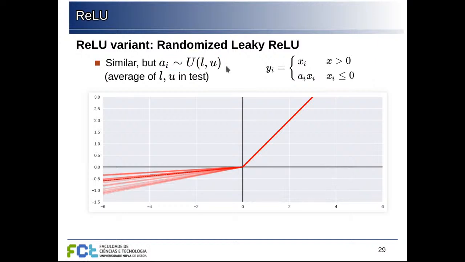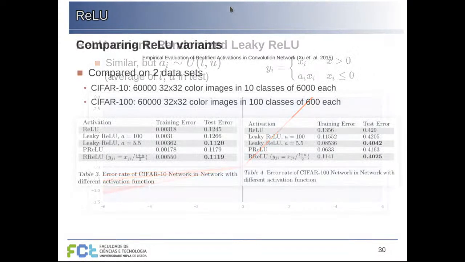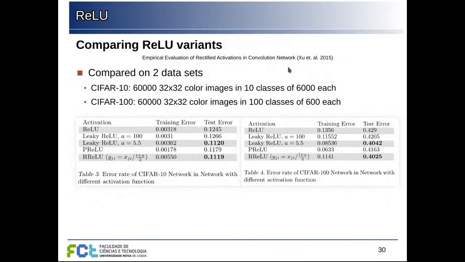And then when we finish training, we freeze all the alphas at the average of the distribution. So this gives some randomness during training, and then it works like a leaky ReLU when we are using the network for predictions. You can see in this paper here an empirical comparison of different ReLU variants.